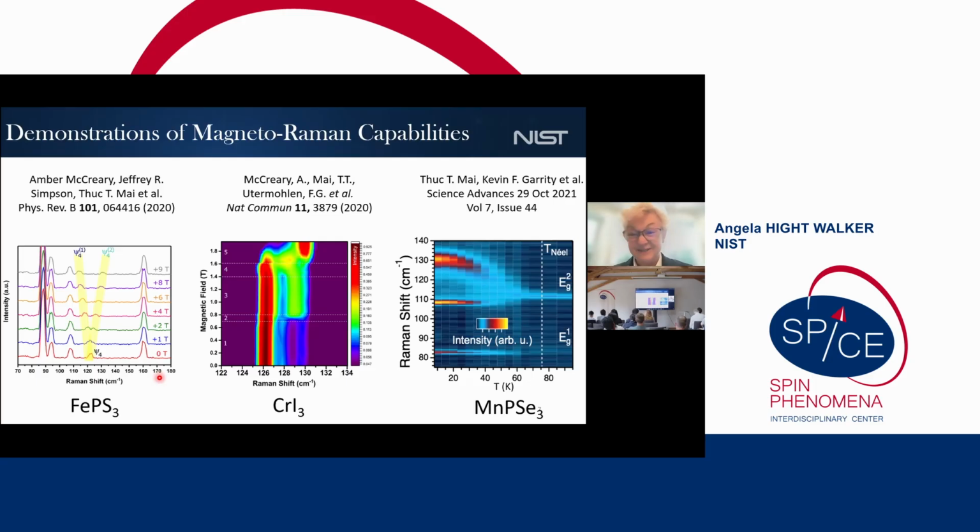What's exciting is it was 5 years ago this month, I think, that there was another SPICE sponsored meeting, all during COVID, and everyone was quite frustrated. We actually gave a nice talk about the details of this work. Having this capability of field, temperature, and the ability to change the orientation of the field to the sample really gives us a nice measurement platform.